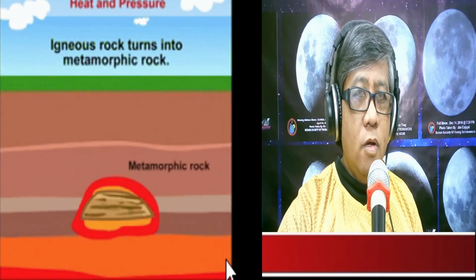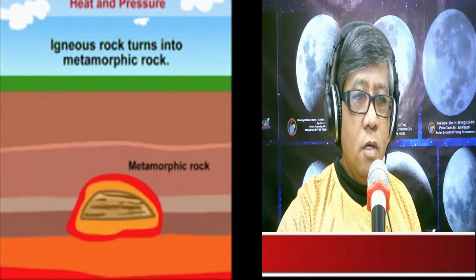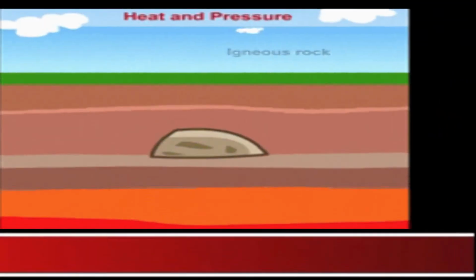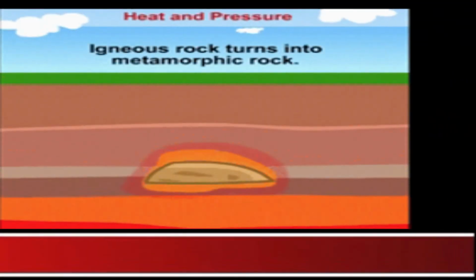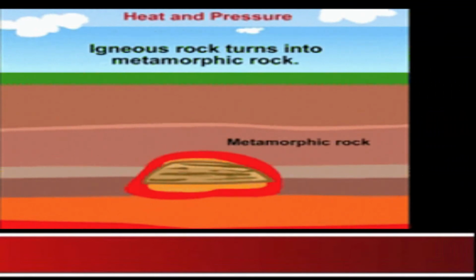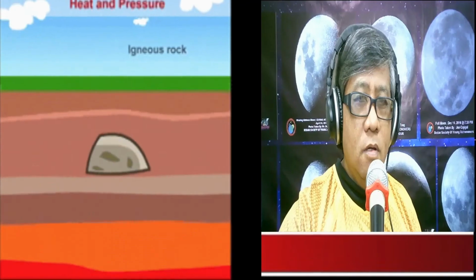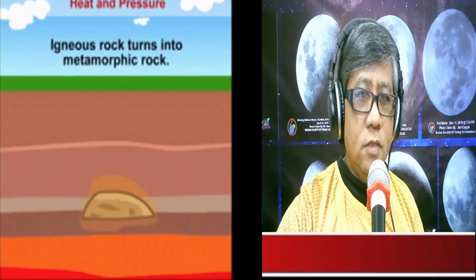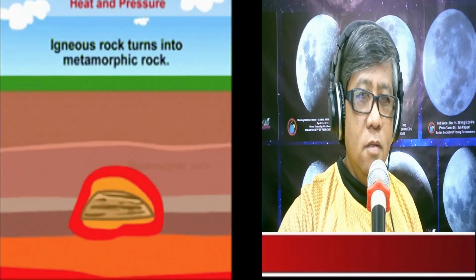So a type of rock like an igneous rock or a sedimentary rock, when subjected to extreme heat and pressure, will turn into metamorphic rock. Okay, and that is so fascinating indeed.